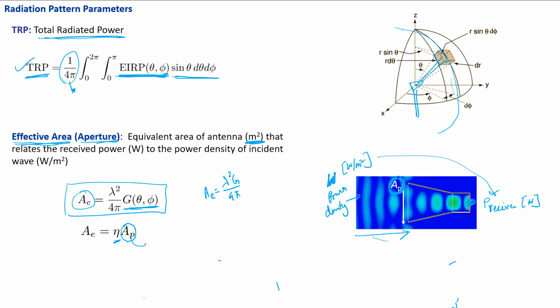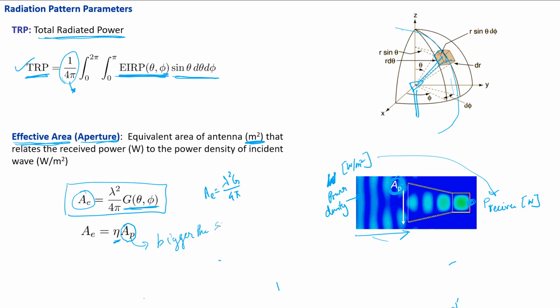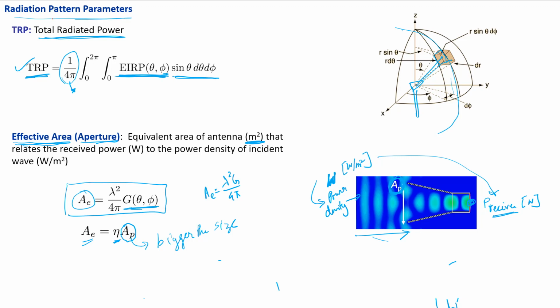So the bigger the antenna, with a good efficiency, of course, the higher the effective area and the more received power for a given power density. So these are some of the radiation parameters that arise due to the radiation characteristics of the antenna, that will be a good gauge to compare two different antennas in terms of their performance metrics.